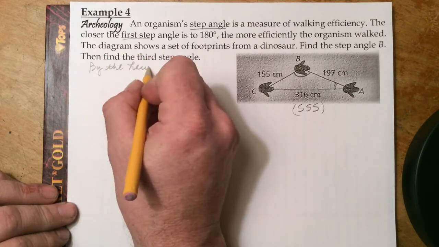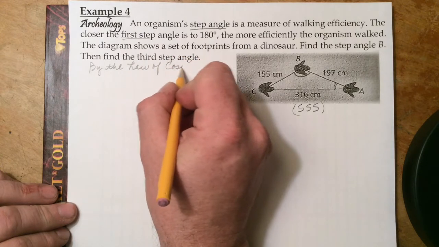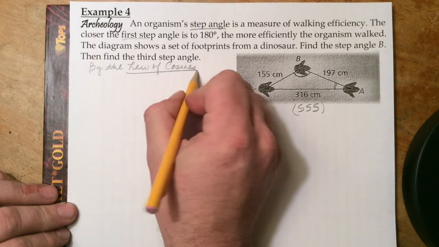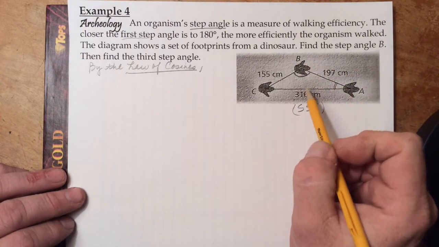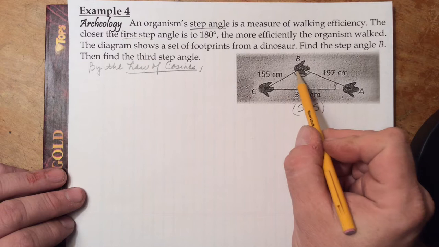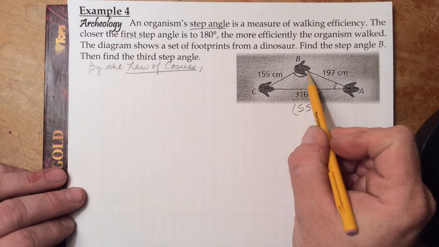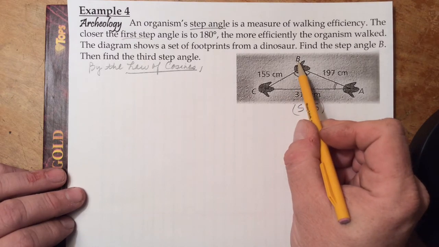So by the law of cosines, now we're going to find the measure of angle B first. We have the measure of angle B, and so we're going to use lowercase b. There are three forms of the law of cosines.